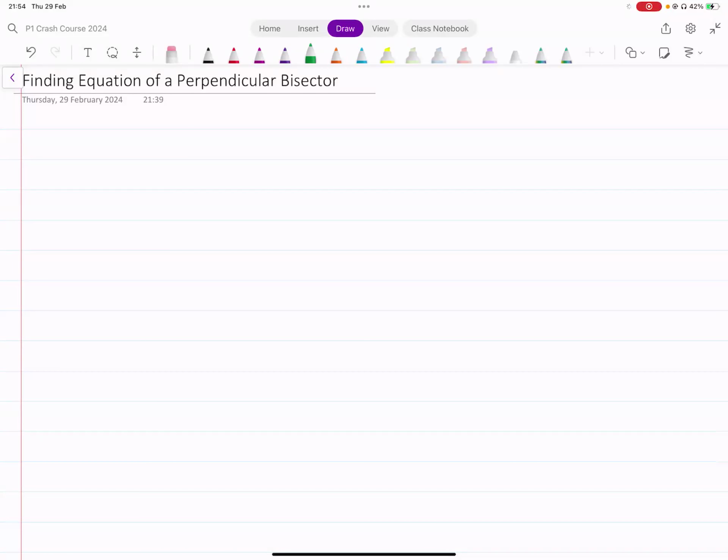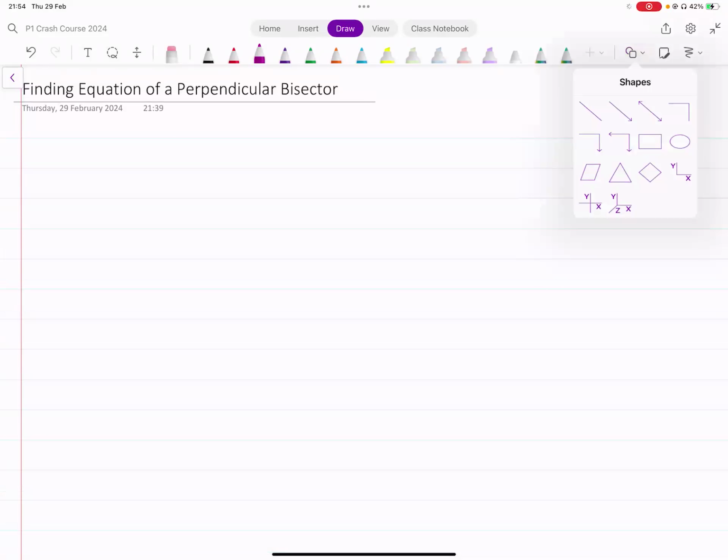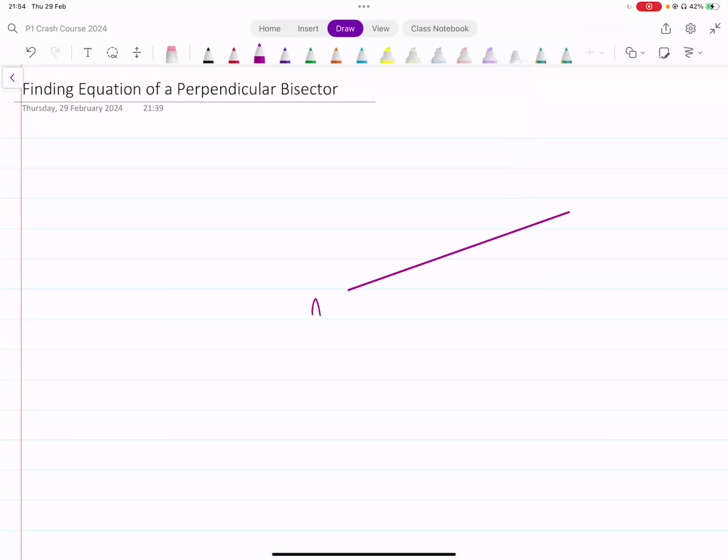But for now, let's just end with this. How to find the equation of the perpendicular bisector of 2 points. Let's say we have 2 points like this. We have a point A here, and a point B here. The coordinates of the point A are, let's say, -2 and 5. We have another point B that has coordinates 6 and 8.